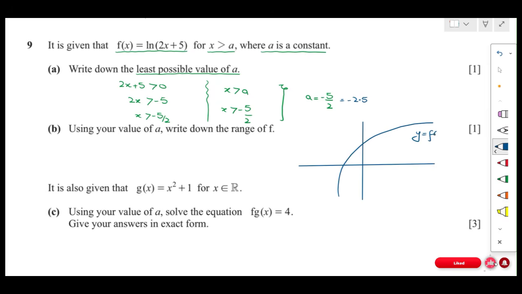This is y equals f of x. What happens to the y values? The y values are all 0, positive, negative. So we can say the range of f of x is all real numbers.